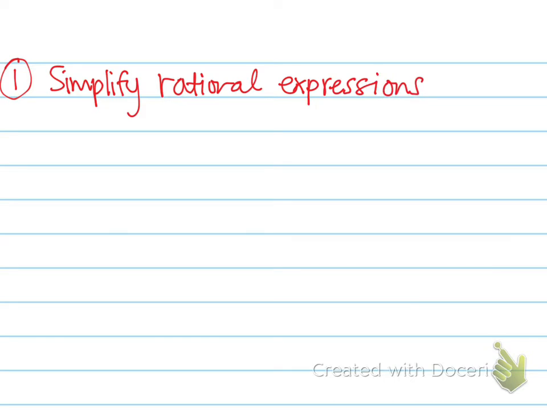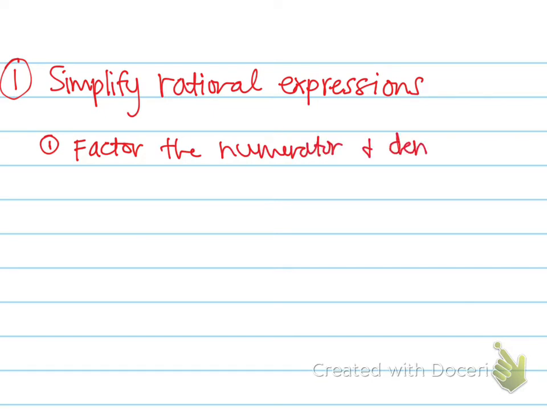So the first step is to factor the numerator and the denominator. And the second step is to cross out. Now in this case, the second step is the last step.